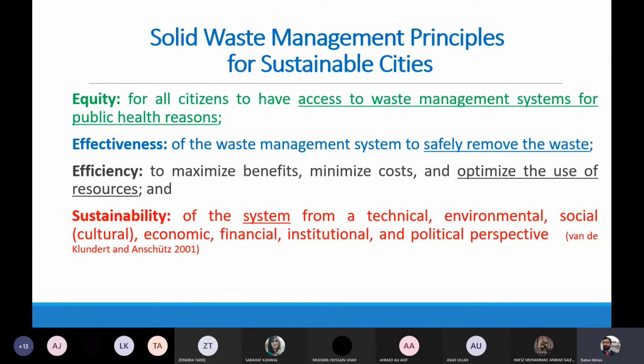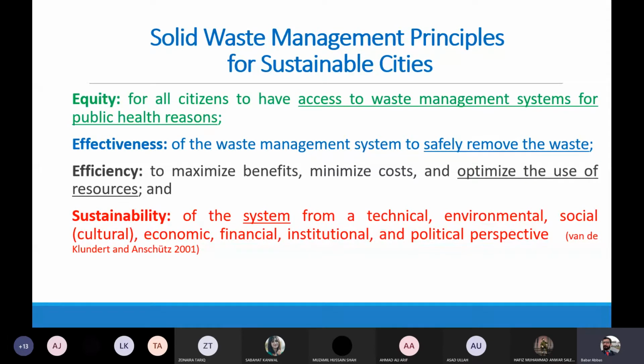If your staff, your top management, your middle management, and your lower management have different kinds of personal interests and issues, then it would be very difficult to implement a sustainable solid waste management system in the cities.